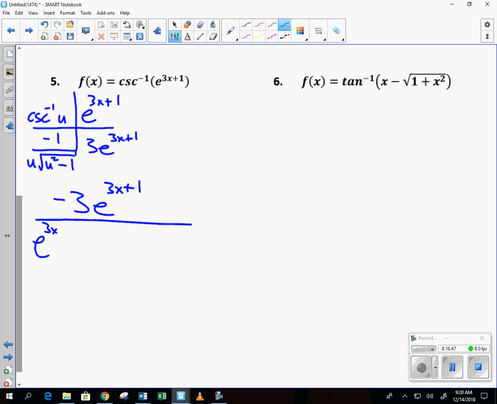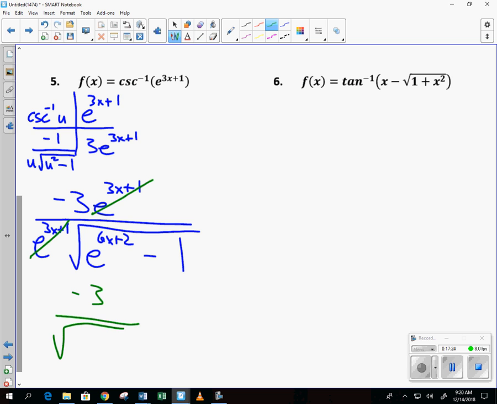E to the 3x plus 1 times the square root of, what happens when I square this guy? 6x plus 2, yep, e to the 6x plus 2 minus 1. See, the e to the 3x plus 1, one's in the top, one's in the denominator, they're factors, so they go away. Negative 3 over the root of e to the 6x plus 2 minus 1.